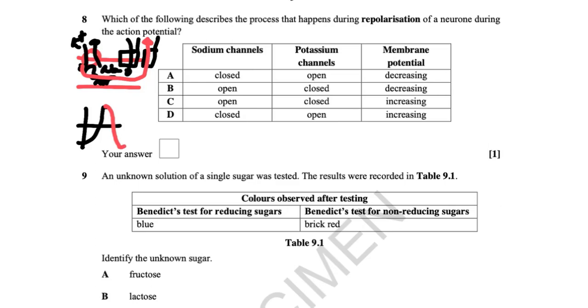So to describe that process, the membrane potential is decreasing because it's being repolarized back to the resting potential of around -65 millivolts, and in order to repolarize it, you have opened the potassium channels so that the potassium is flooding out again. So the answer here is A.